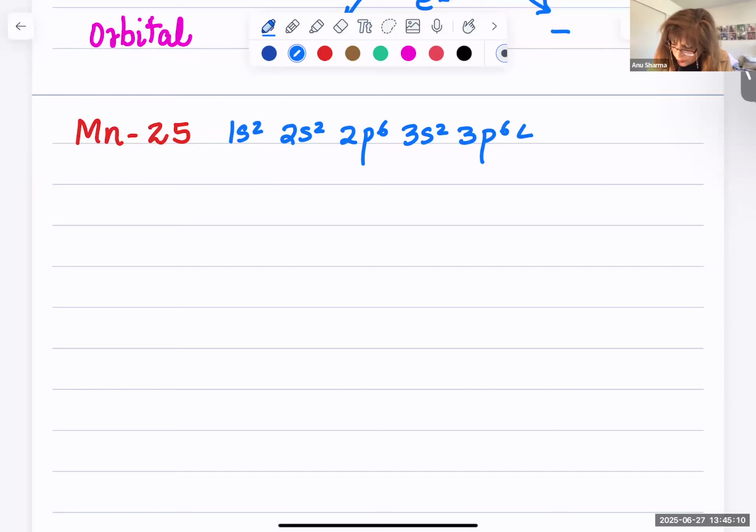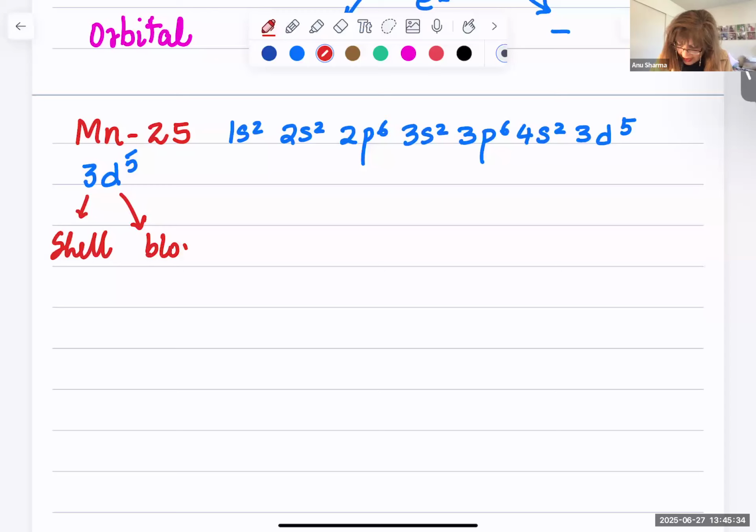After 3p6 is 4s2 and 3d5. The placement of manganese is in the 3d, which means in the third shell, D stands for the block, and 5 stands for the column.